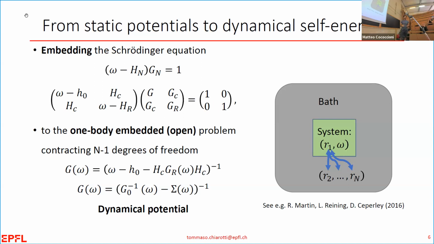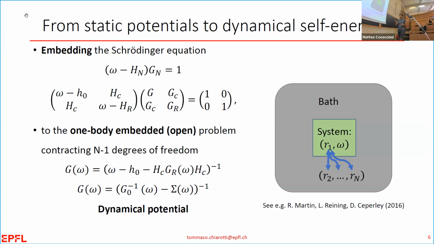This is where Green's functions come in. So why do we need the Green's function? It is a bit formal, but if you write the n-particle Schrödinger equation for your system, which has all the information you want, you can use an embedding idea: divide the degrees of freedom and write only one equation of the n-particle Schrödinger equation.